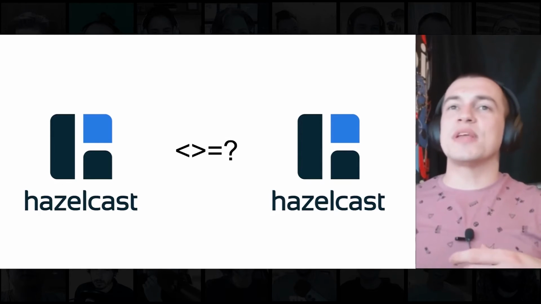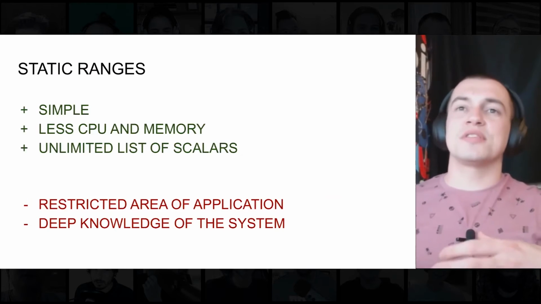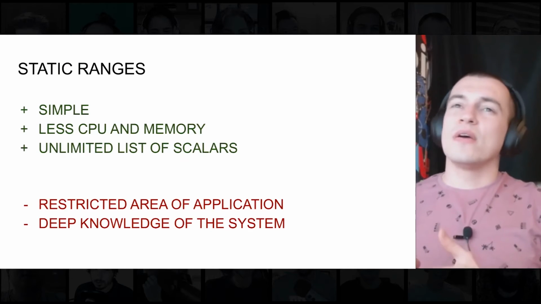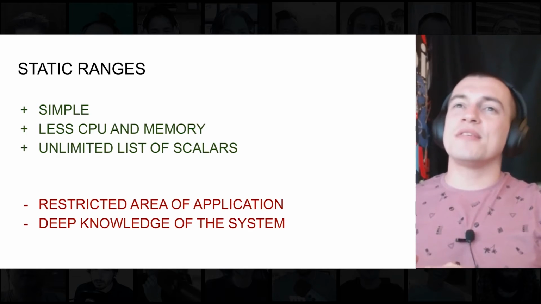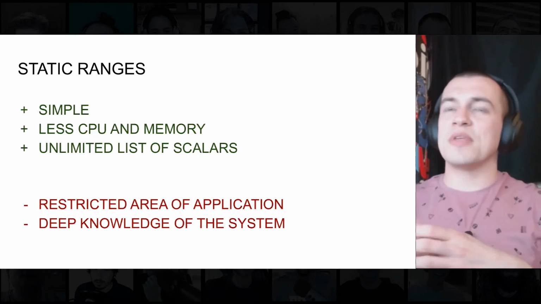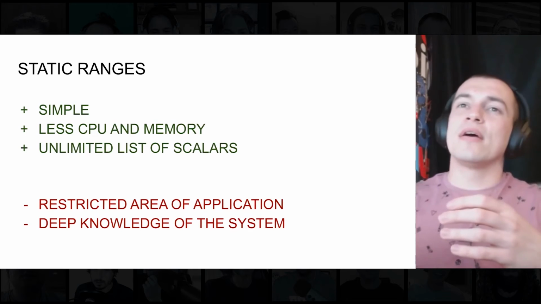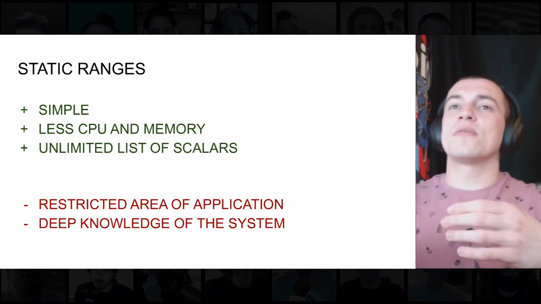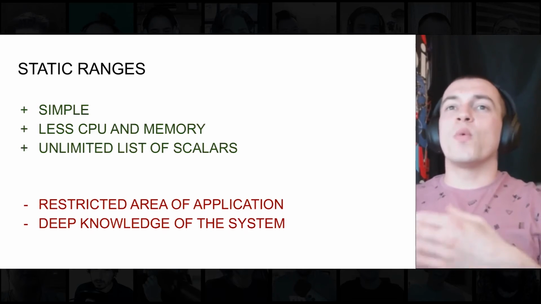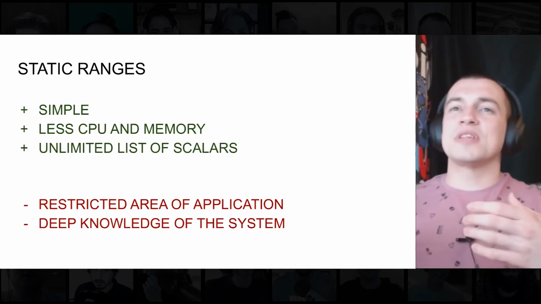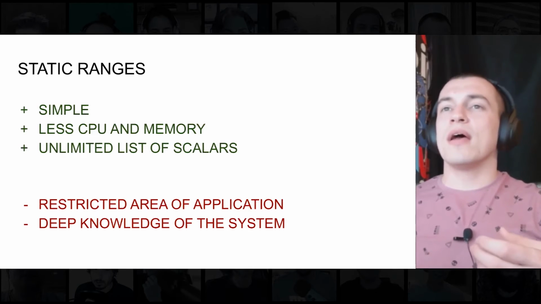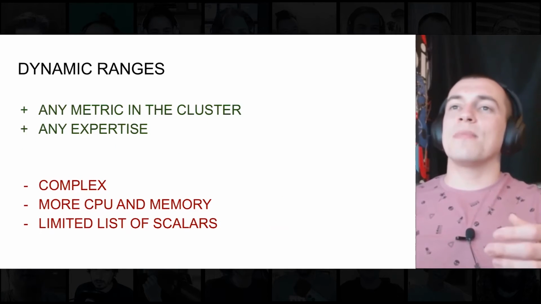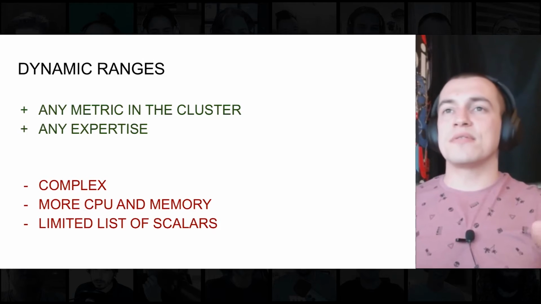To wrap this up, we can say that static ranges are simple, they require less CPU and memory, they can potentially be applied to an unlimited list of scalars because you can see if a scalar fits into a range one by one, but they have a restricted area of application and they require deep knowledge of the system.